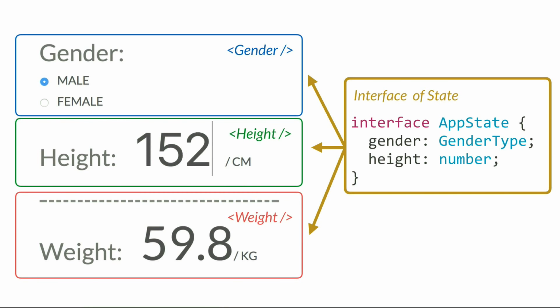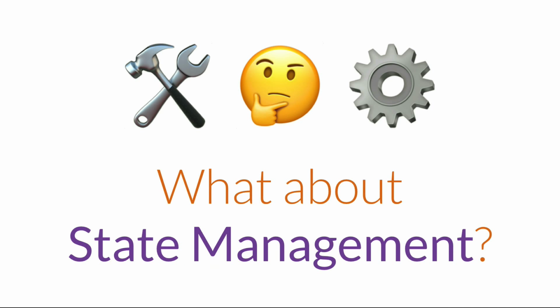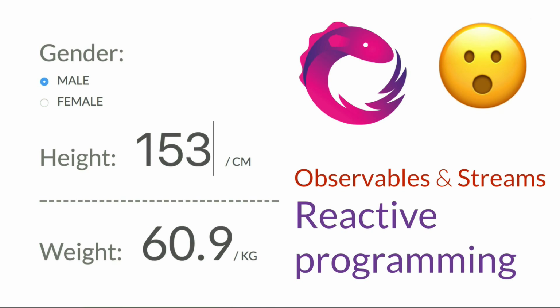So what will our state look like? It will be an interface with some gender type and a height value, which is a number. Okay, so we have talked about state. What about state management? Actually, it's a great example of reactive programming and observables or streams. What does it mean?